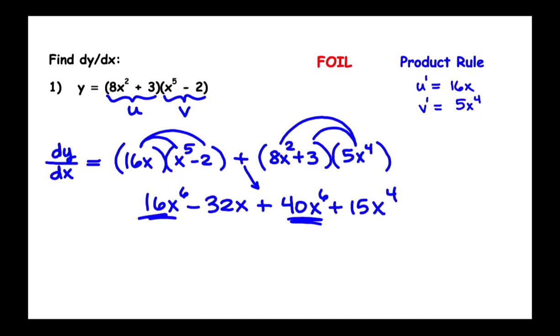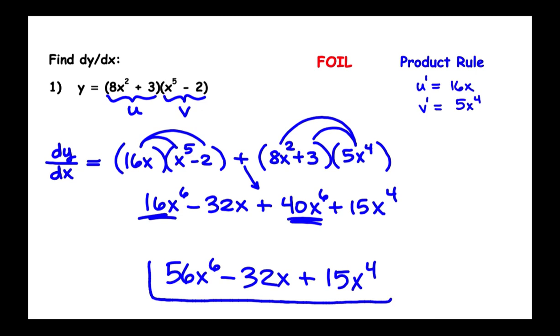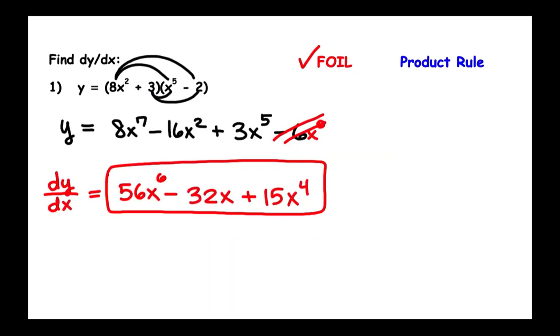That's going to be 56x to the sixth minus 32x plus 15x to the fourth. And that is dy dx, the derivative of y with respect to x. As you can clearly see, I got the exact same answer as I got on the last slide. Same exact thing. Awesome.